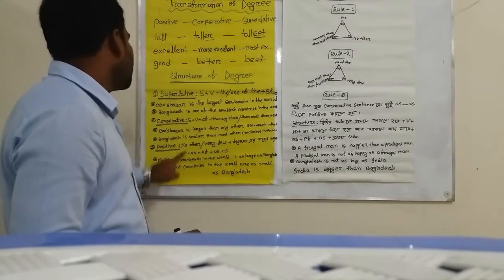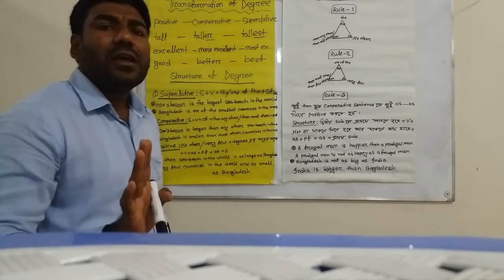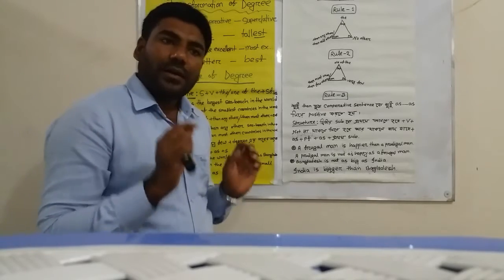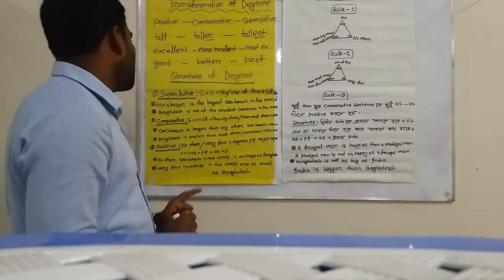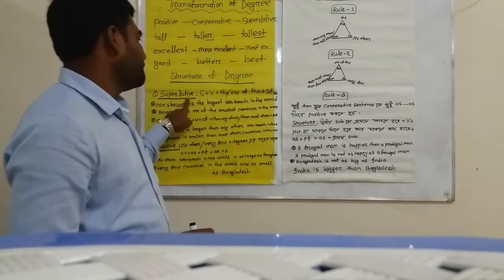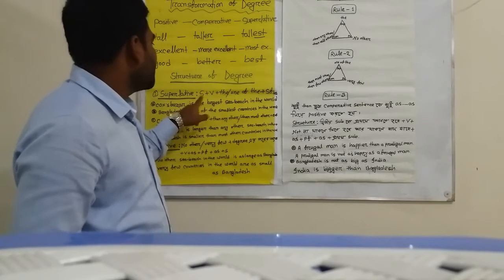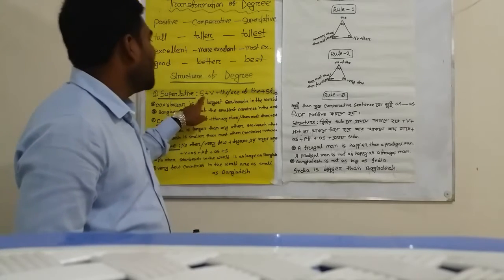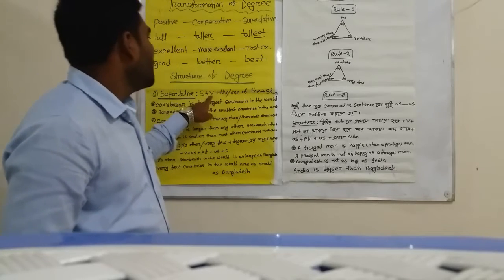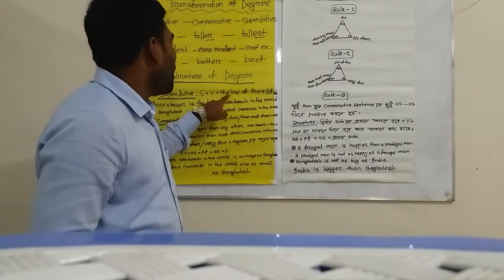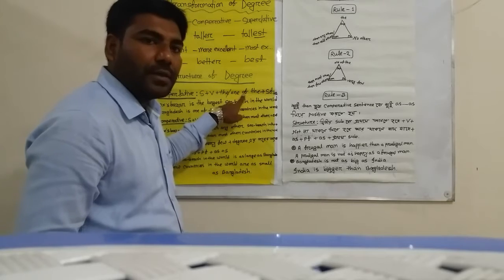There are 3 structures. You know degree is 3 kinds, so there are structures also 3 types. Number 1, superlative. At first, subject, then verb, then the or one of the.